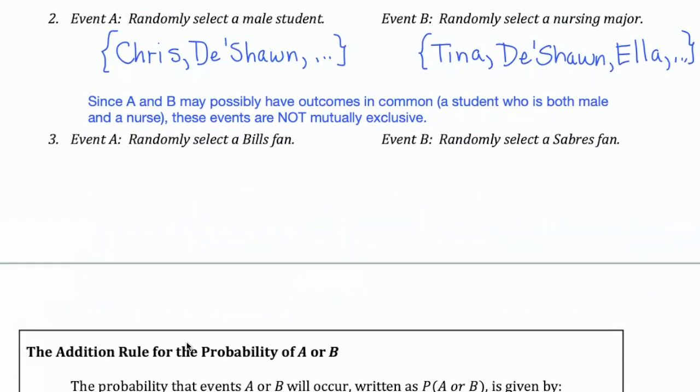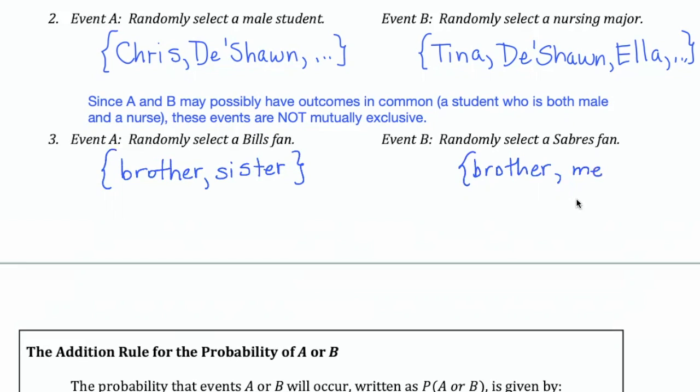In the last situation here, event A is randomly selecting a Bills fan, and event B is randomly selecting a Sabres fan. So, again, what we need to ask ourselves is in the sample space of Bills fans, my brother in particular is a Bills fan. My sister is also a Bills fan. In terms of Sabres fans, my brother is, and actually, so am I, even though I don't know why.